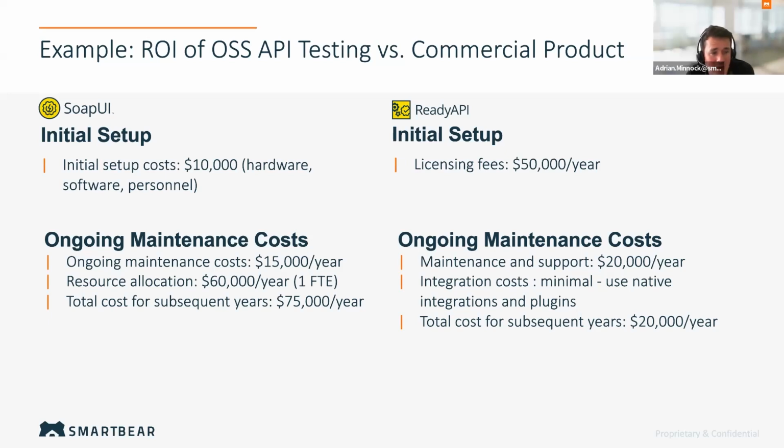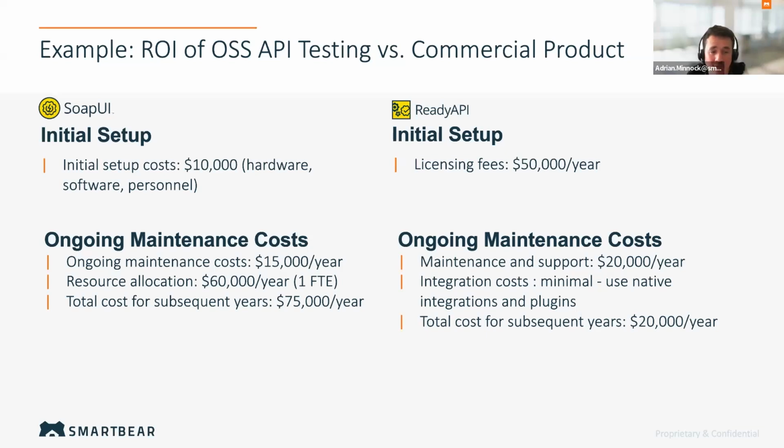But then after this, we would have some maintenance costs per year, the reallocation of resources. So again, having the resources available there that can maintain the open source tooling and run those projects.